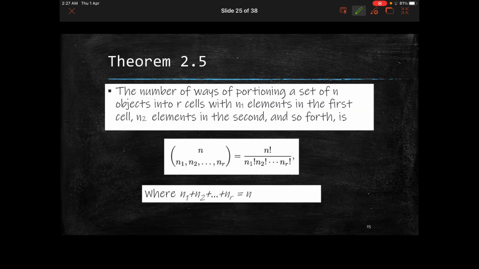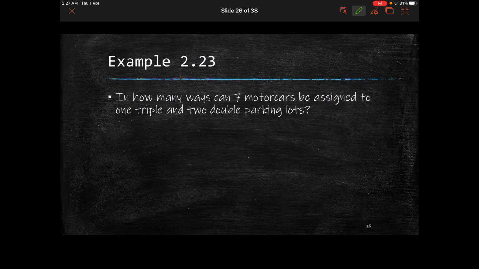Okay, next theorem we have the number of ways of partitioning a set of n objects into r cells with n1 elements in the first cell, n2 elements in the second, and so forth. Okay, so let's see some example.